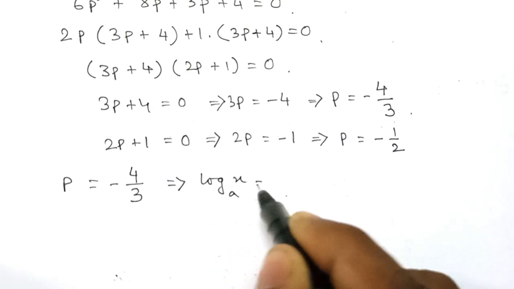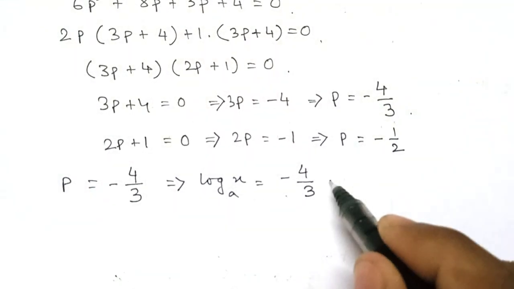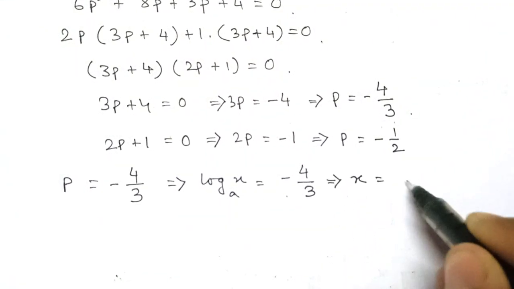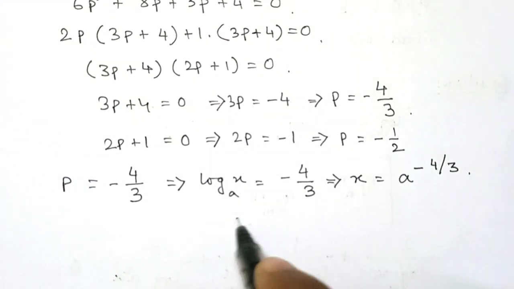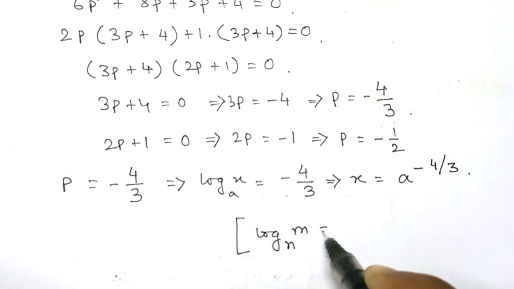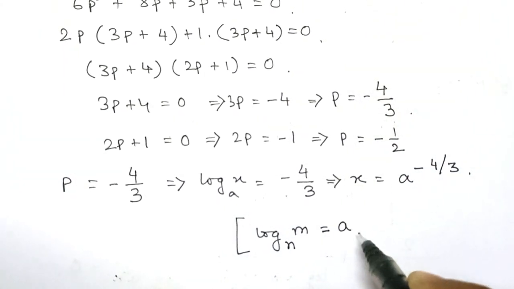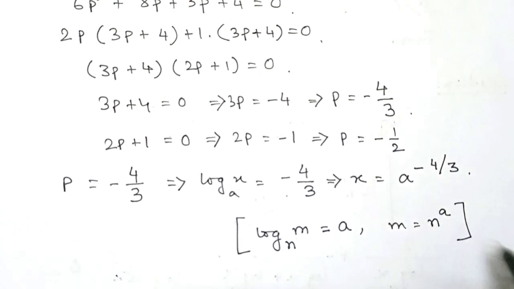Now if p is equal to minus 4 by 3, as we have considered, this implies log x to the base a is equal to minus 4 by 3. So we can write that x is equal to a to the power minus 4 by 3, because we know that if log m to the base n is equal to a, then m is equal to n to the power a.